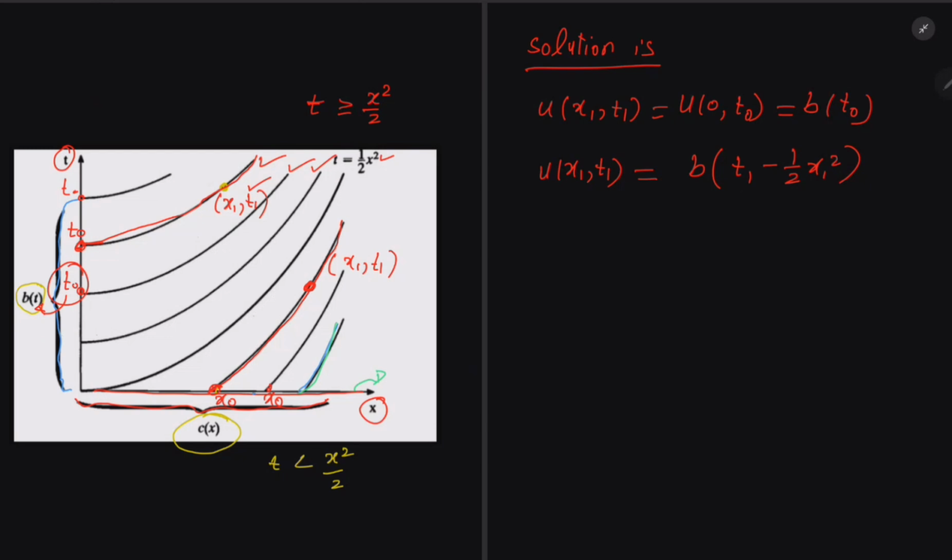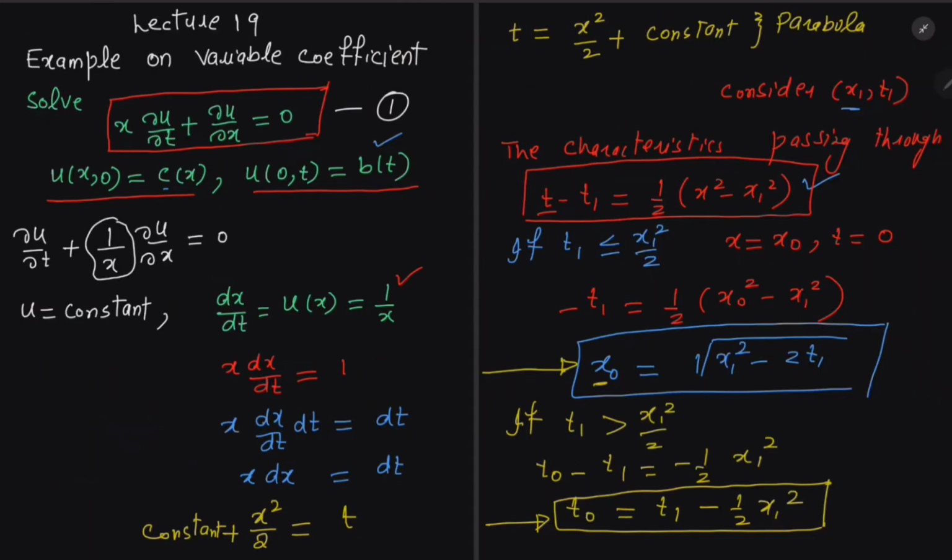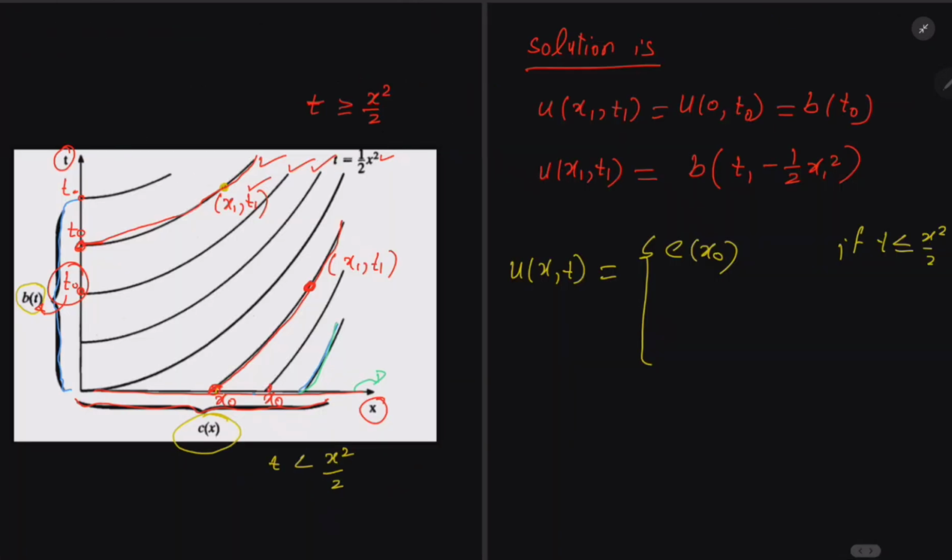In another scenario, the complete solution is u of x, t if t is less than or equal to x squared by 2. Then we have x naught, so we have c of x naught, where x is equal to x naught, and x naught is equal to this value. So that becomes c of the square root of x squared minus 2t. We are actually dropping the subscript.